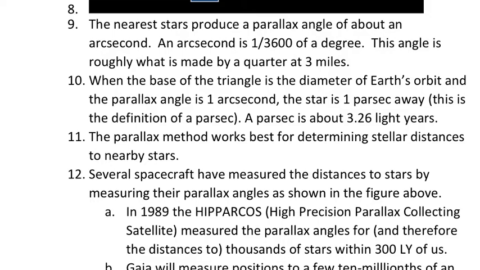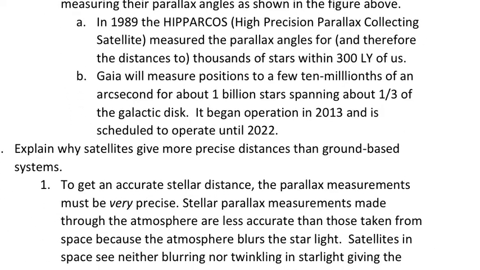So this spacecraft, Gaia, can measure a few 10 millionths of an arcsecond. So take that quarter and divide it into 10 million slices, and that's how tiny an angle Gaia can measure.